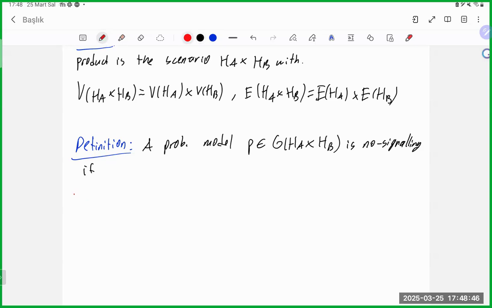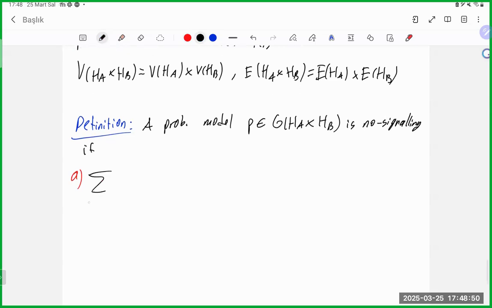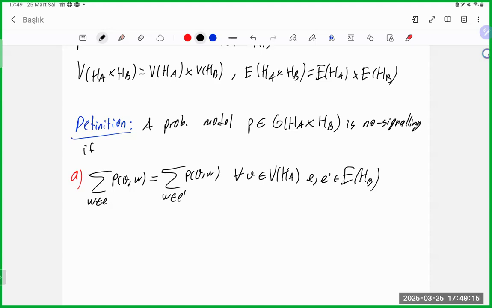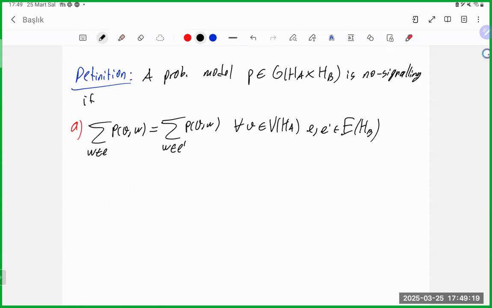condition N holds for all V in each A, and so it's basically saying that we are taking the Cartesian product, and if one party's outcome is contained in two other edges, the sums should be equal.